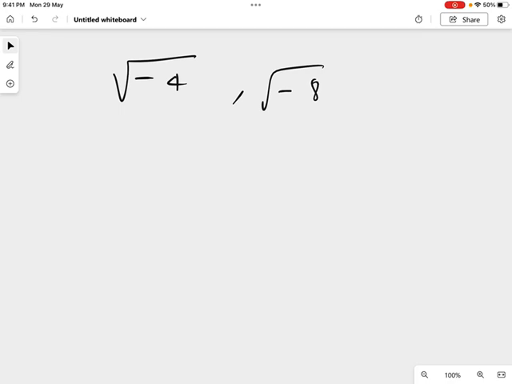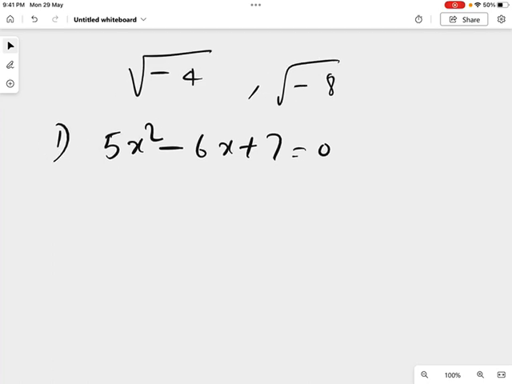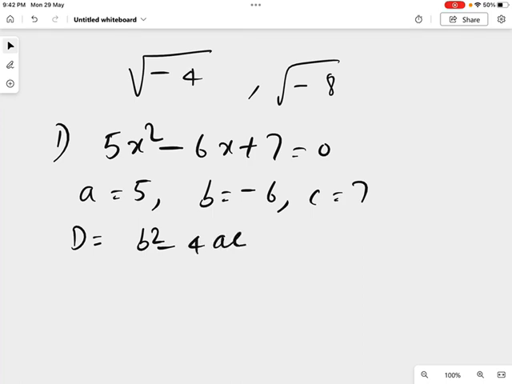Then how do we find the nature of the roots of the equations? One example is 5x square minus 6x plus 7 is equal to 0. Here this is the standard form of the quadratic equation. So here the value of a is equal to 5, b is equal to minus 6 and c is equal to 7. Then the discriminant is equal to b square minus 4ac.